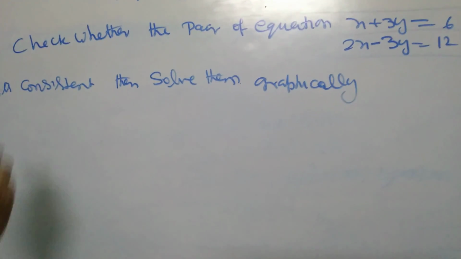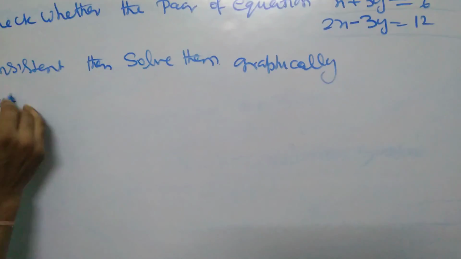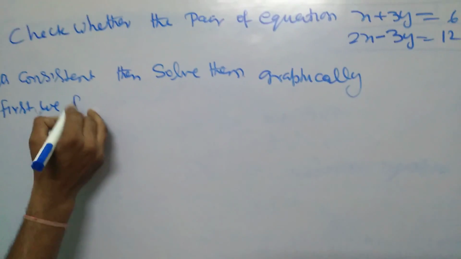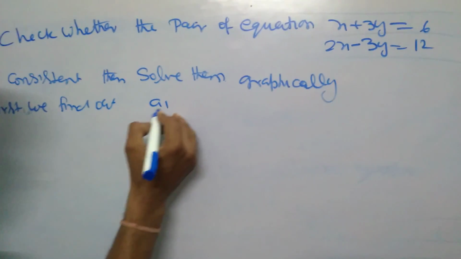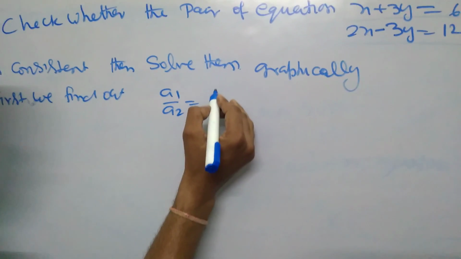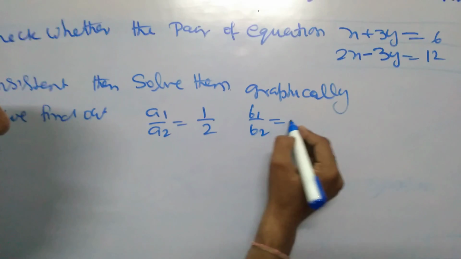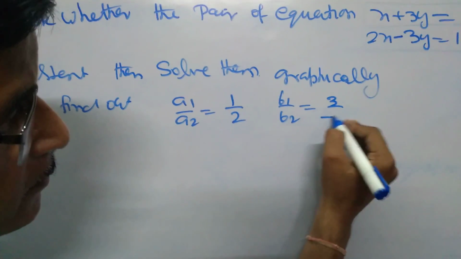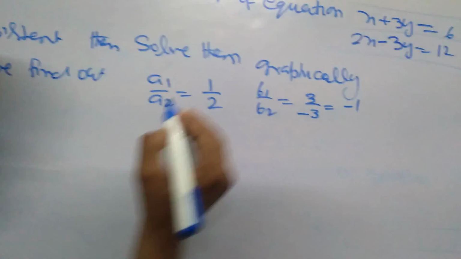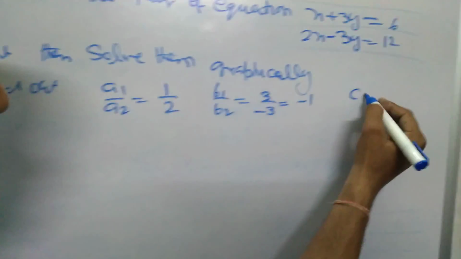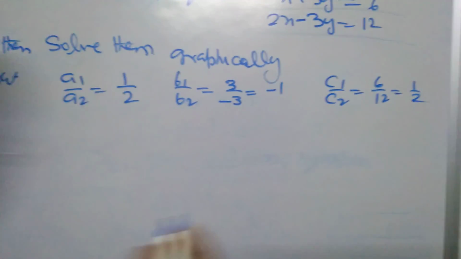First we find out a1 upon a2 is equal to 1 upon 2, b1 upon b2 is equal to 3 upon minus 3 is equal to minus 1, c1 upon c2 is equal to 6 upon 12, 1 upon 2.